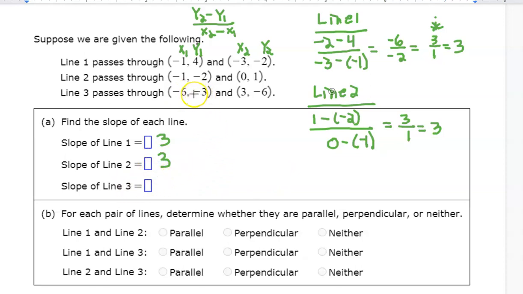Line 3. Okay, put that right here. I have negative 6 minus negative 3 over 3 minus negative 6.